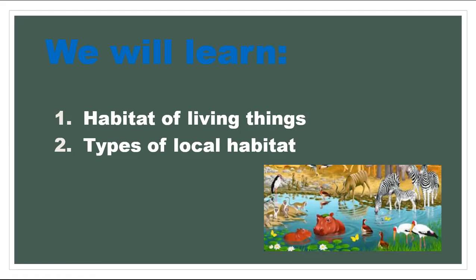So we are living, animals are living, the plants are living objects, right? We will discuss later what is living and non-living things, because living things need habitat, the shelter, the home. And we learn about types of local habitat.